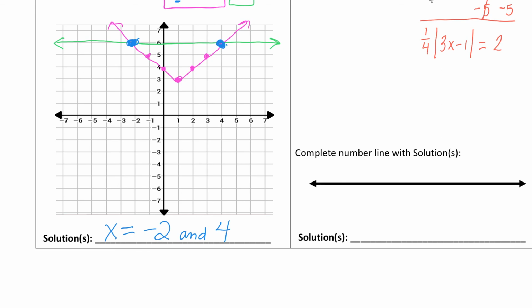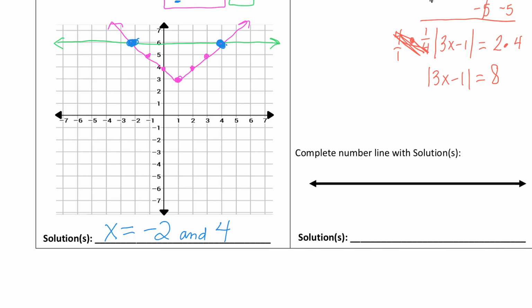Now, to divide by a fraction, we don't really recommend that, but what we do recommend is multiplying by the reciprocal. The reciprocal would just be 4 over 1, which is the same thing as 4. That's going to get this to cancel here, and so you'll just have the absolute value of 3x minus 1 equals 2 times 4, which is 8.